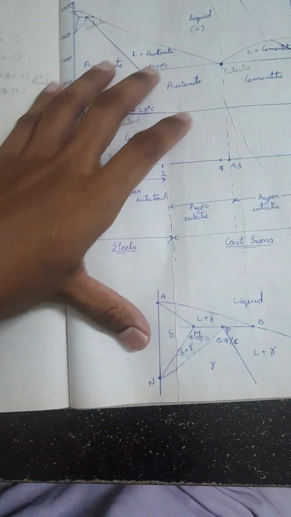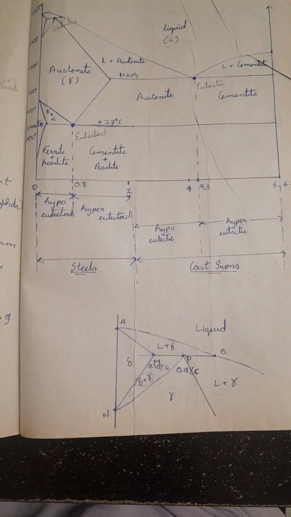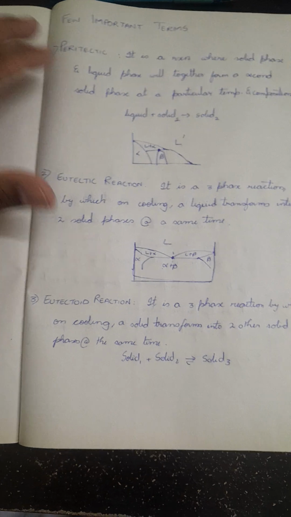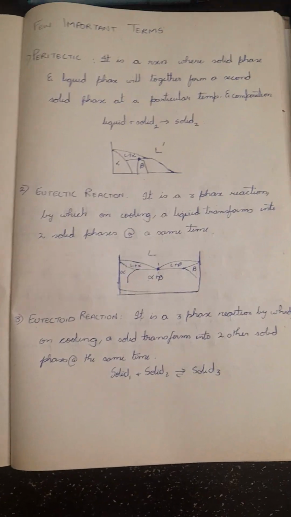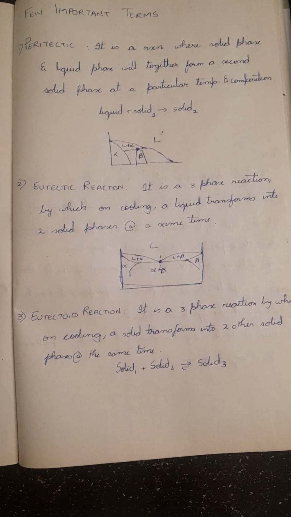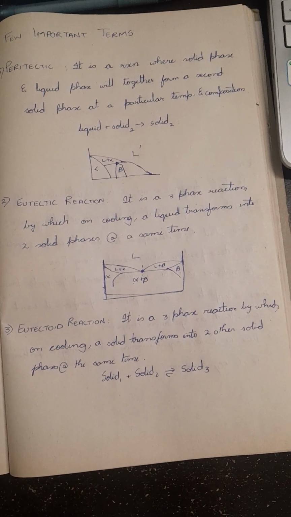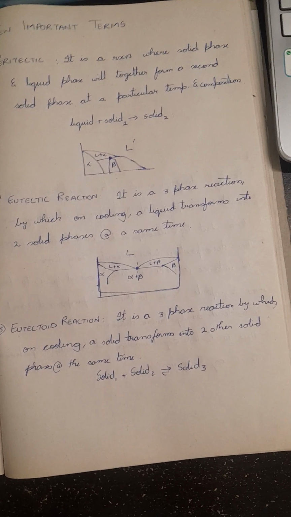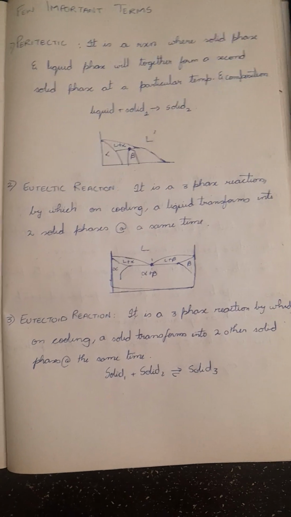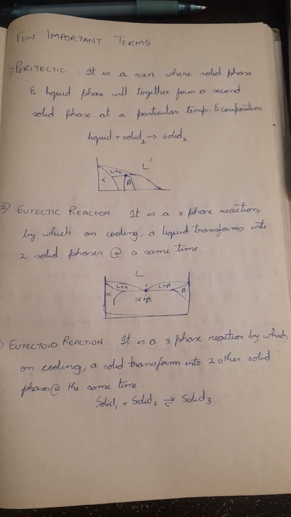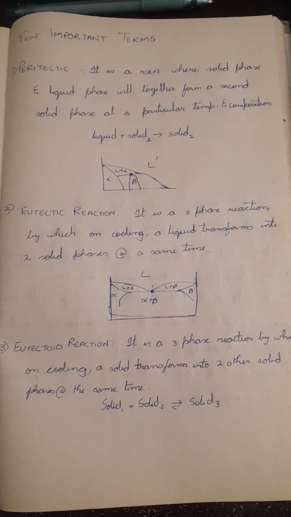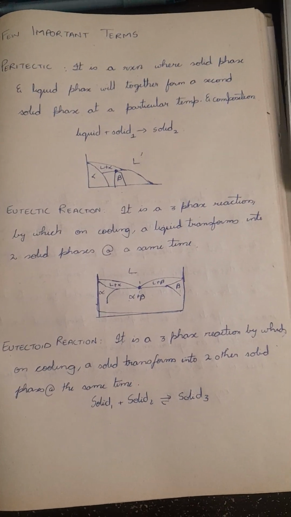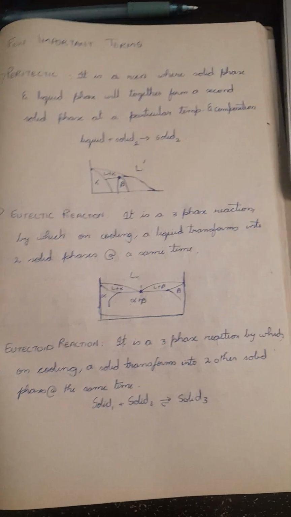And before we jump into the diagram, I would like to clear a few technical concepts, which are these three reactions: peritectic, eutectic and eutectoid reactions. These are very important reactions we see in the iron carbide diagram. In a peritectic reaction, we have a mixture of a solid and a liquid phase, and at a particular composition and temperature it forms another solid phase individually.